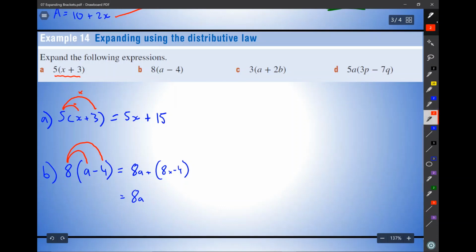What is 8 times minus 4? 8 times 4 is 32. You have a minus here, so it's actually minus 32. Now, because the number that we got by multiplying 8 and minus 4 is negative, we actually put the negative here.